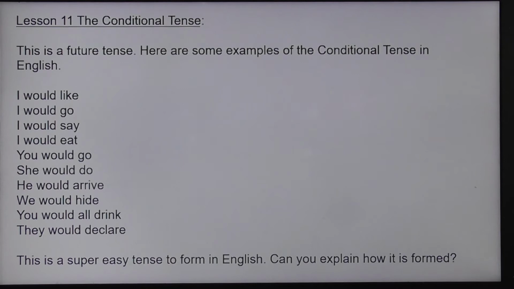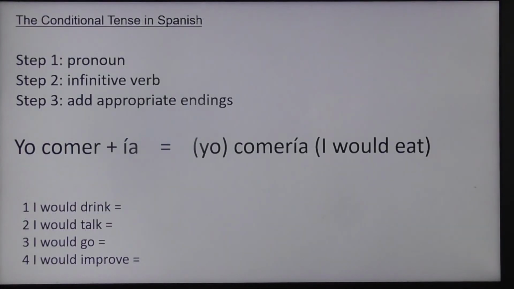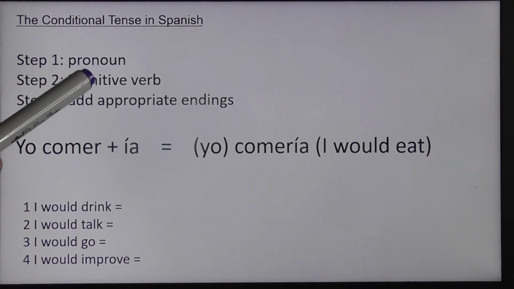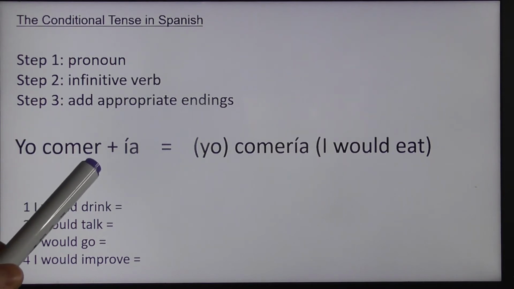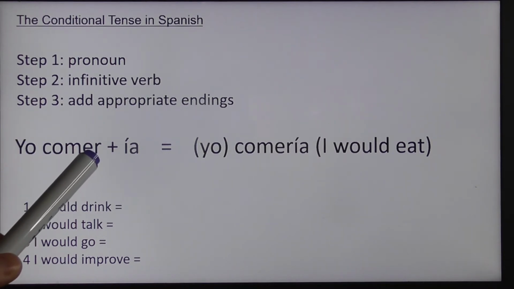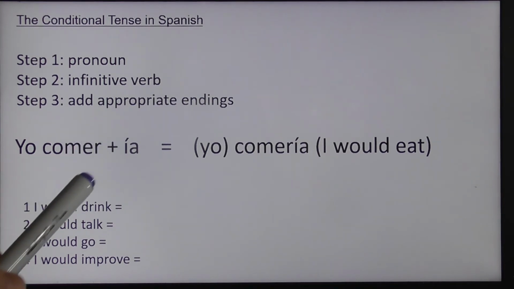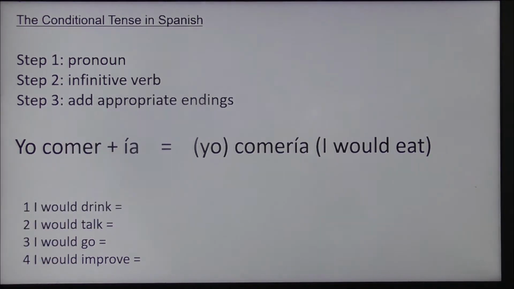But how do we do this in Spanish? So step one is to take our pronoun, for example, yo or tú, él, ella. We don't always need them, hence why I've put that in brackets. We then take our infinitive verb. Remember, infinitive verbs in Spanish all end in either ER, AR or IR, and rather than removing the ending, which is the norm for many tenses in Spanish, we're actually going to leave the ending and we're going to make some additions.